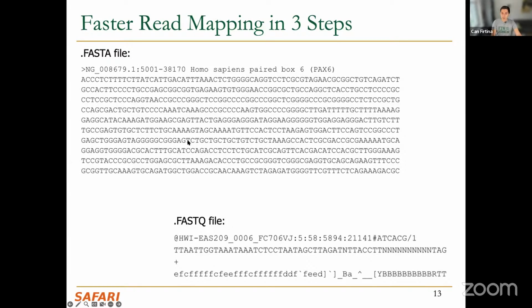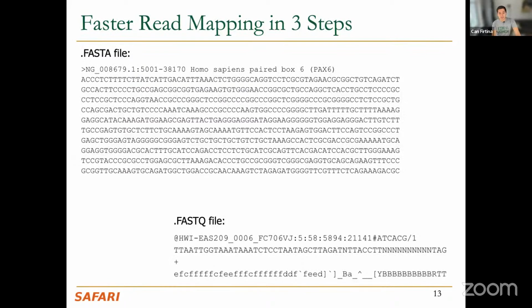In the FASTA format, we have two lines per each read. So a FASTA file may include many reads, right? And for every read, we have 2 lines. Or let's say, it's not necessarily 2 lines, but let's say we have 2 layers for every read.